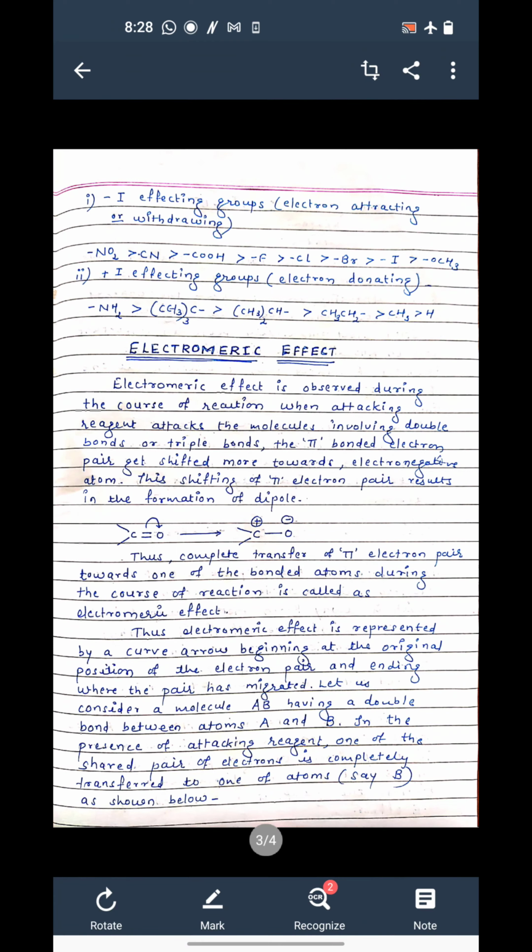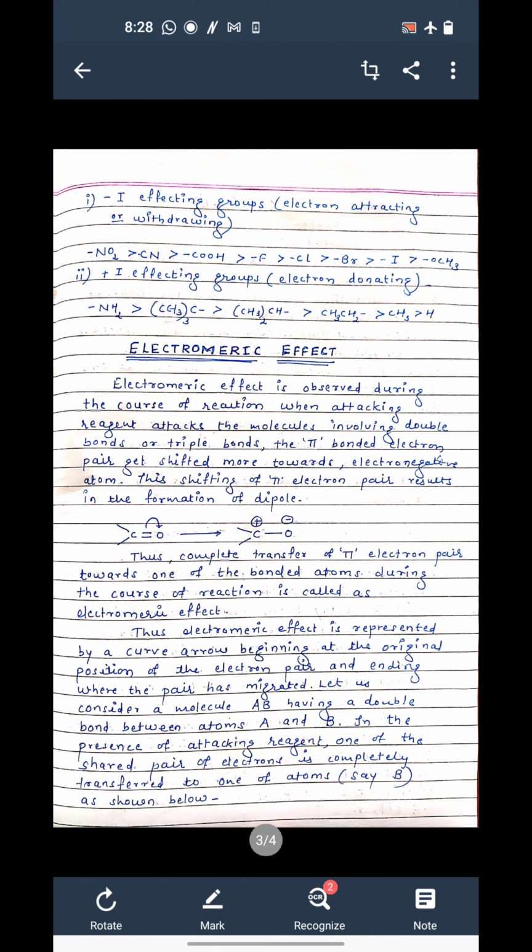Minus I effect showing groups: NO2 is the strongest electron withdrawing group, followed by CN, then COOH group, then F, that is the halogen series started here, F, Cl, Br, I, and the last one is OCH3, called the methoxy group.